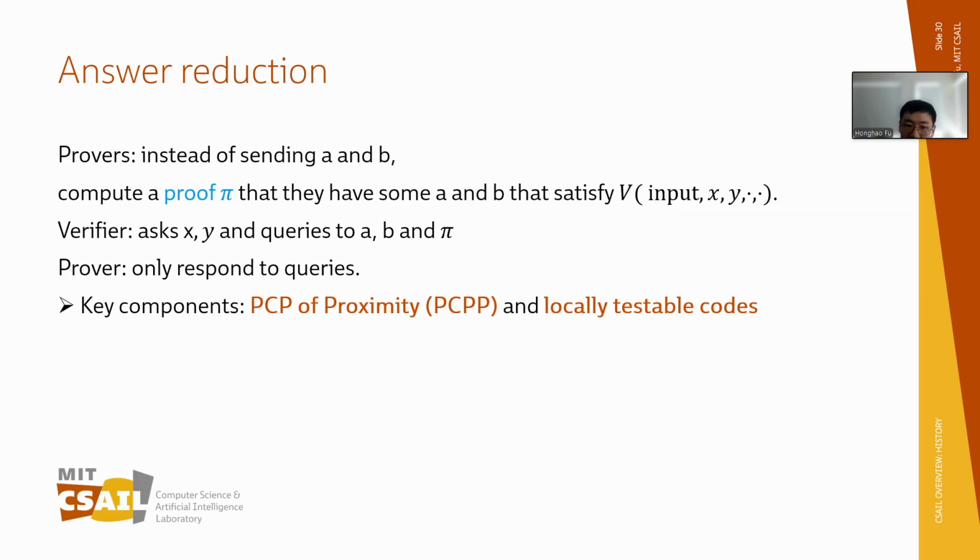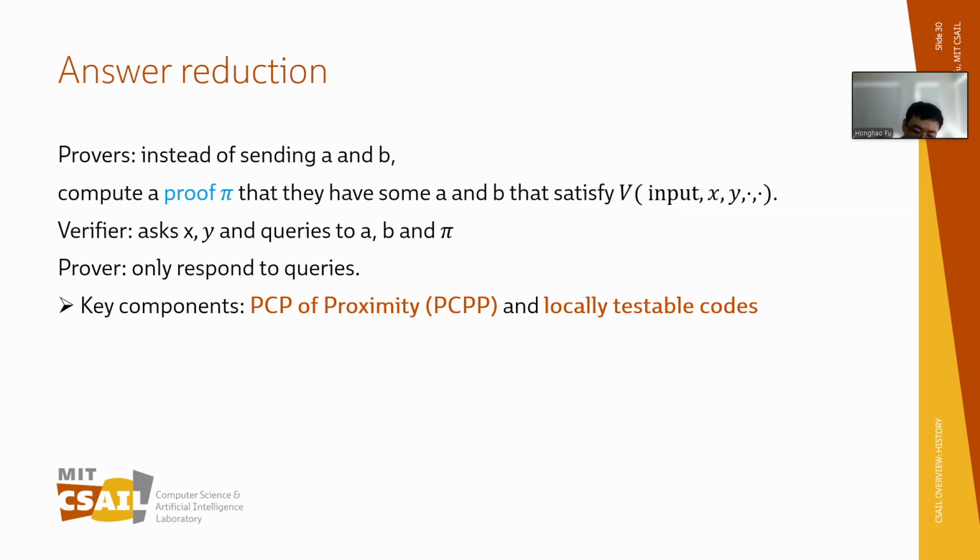Here PCP stands for probabilistically checkable proofs. The difference between PCP and PCPP is that in a PCP, the verifier knows the entire input and will probabilistically check the proof to accept or reject the instance. But in a PCPP, the verifier doesn't get to see the whole input. He can only query the input.